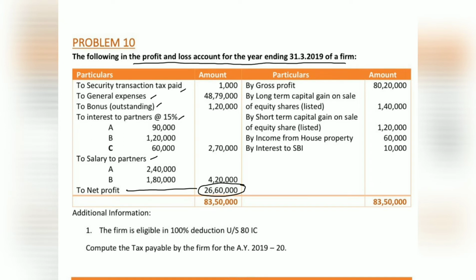On the credit side, we have gross profit, long-term capital gain which is listed, short-term capital gain which is listed too, and income from house property as well as interest to SBI. In additional information, we have that the firm is eligible for 100% deduction under section 80IC. So they have asked us to compute the tax payable value of the firm.